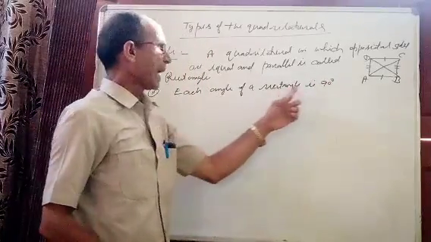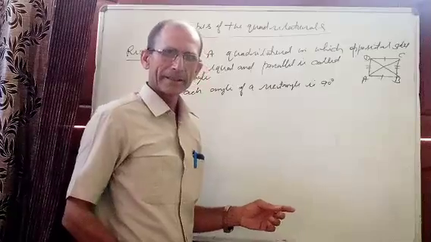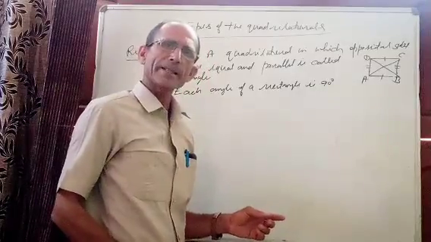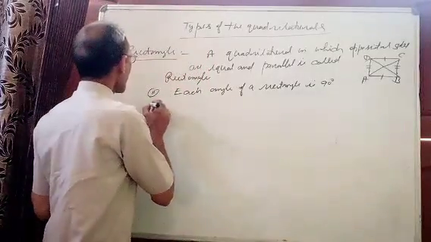Each angle of a rectangle is 90 degrees.